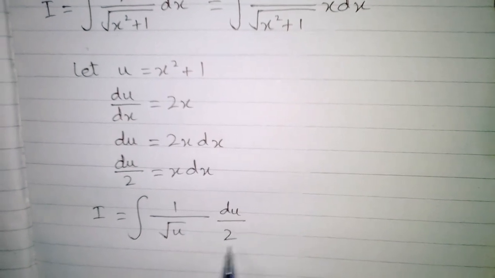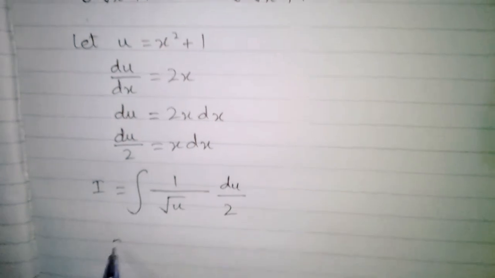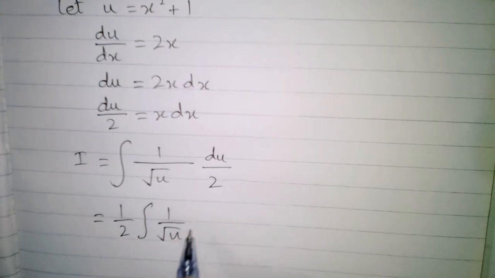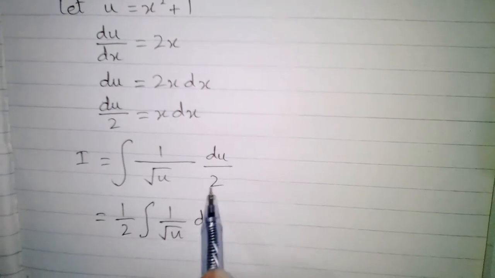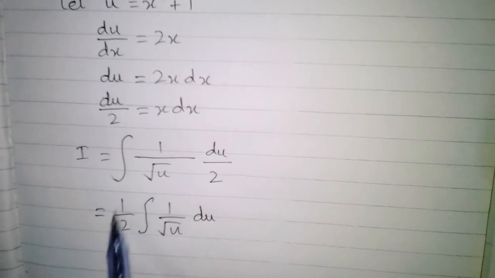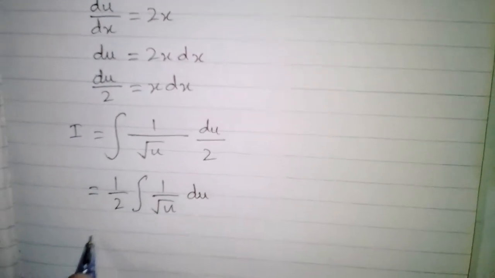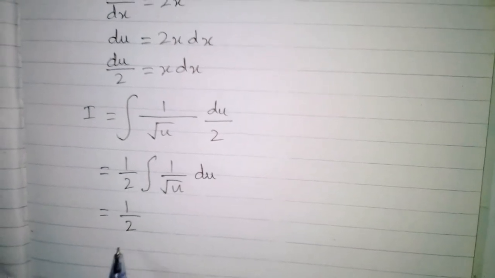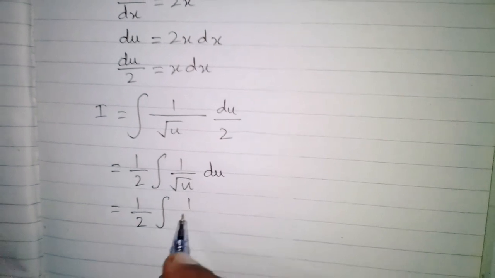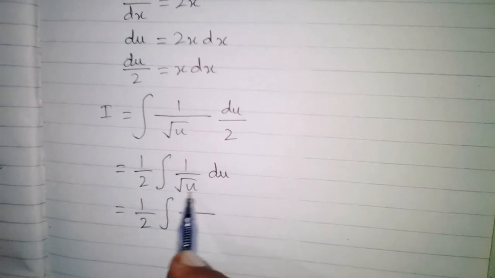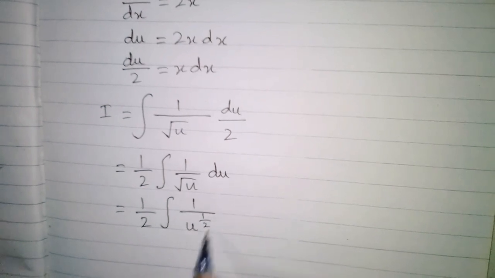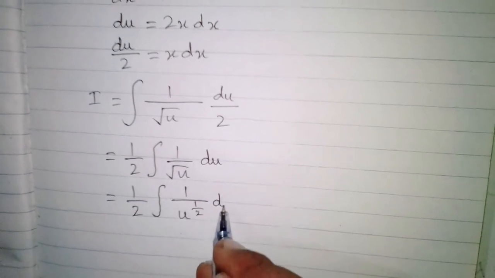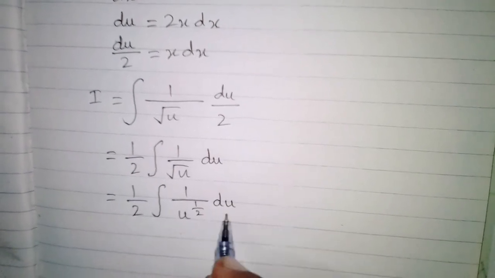Now we will take this 2 outside of the integral, and we can write 1 upon 2 integral of 1 upon square root of u du. Because this 2 is in the denominator, we will write half outside the integral, and after that we will write integral of 1 upon square root of u, and square root of u means u to the power half, so we write u to the power half, and then du.